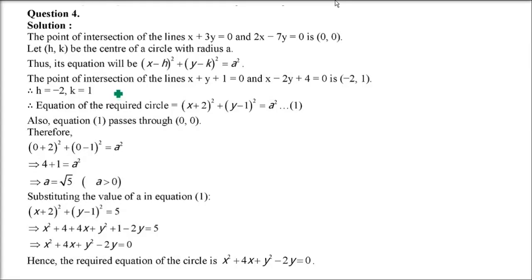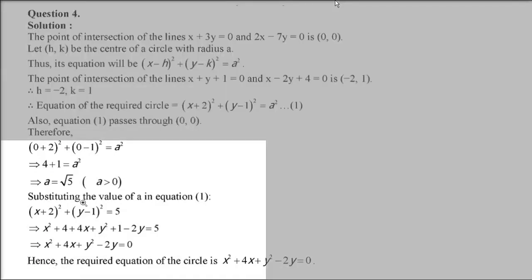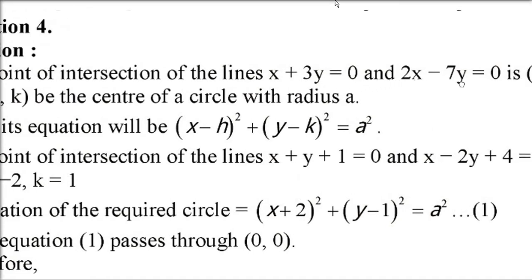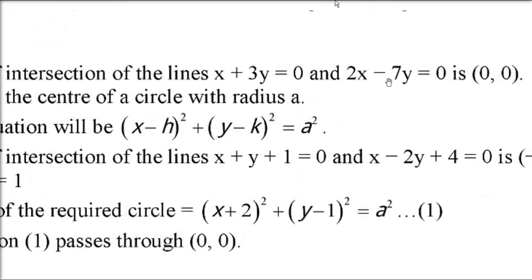So we need the center, and we need the circle which is passing through some point, and those 2 points we only get from these 4 lines pairwise. If you take x plus 3y equals 0 and 2x minus 7y equals 0, you need to find the intersection of these 2 lines. That point, (0, 0), is where this circle is passing through.